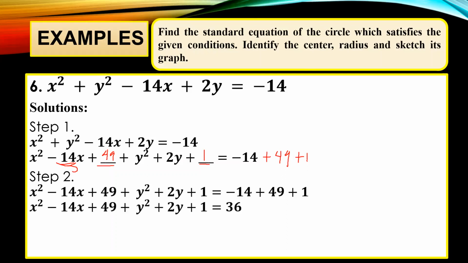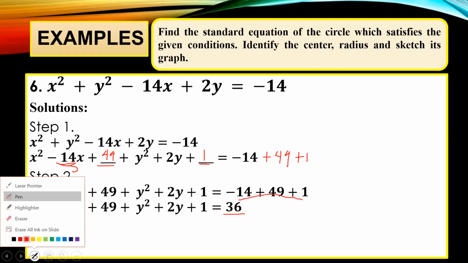Negative 14 plus 49 plus 1, that is 36. So we have already this equation, x squared minus 14x plus 49 plus y squared plus 2y plus 1 is equal to 36.